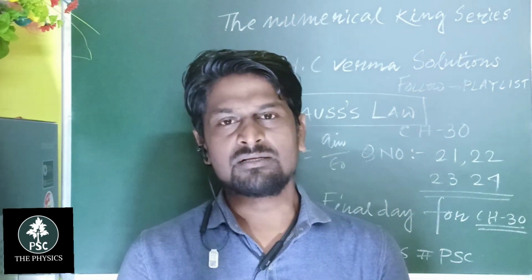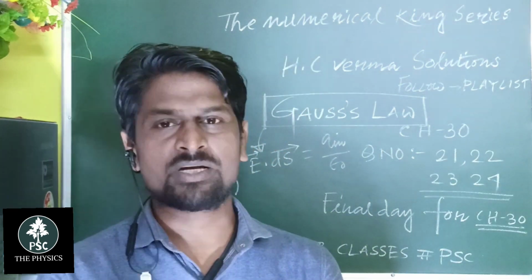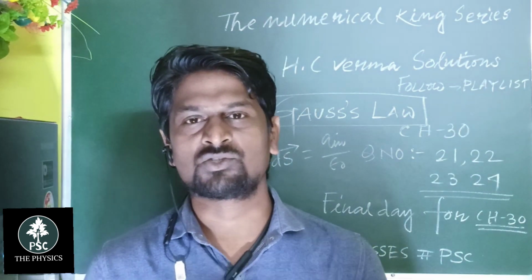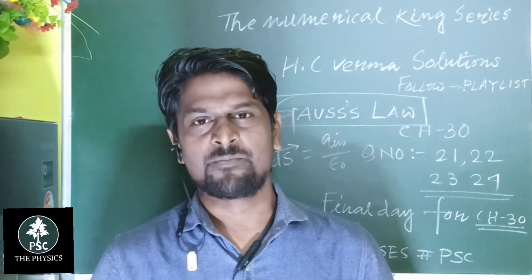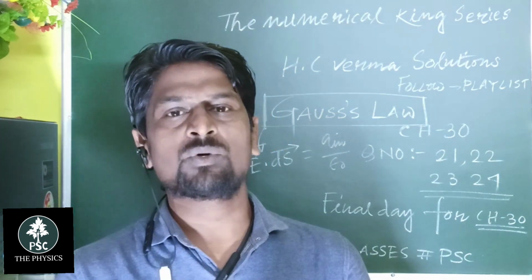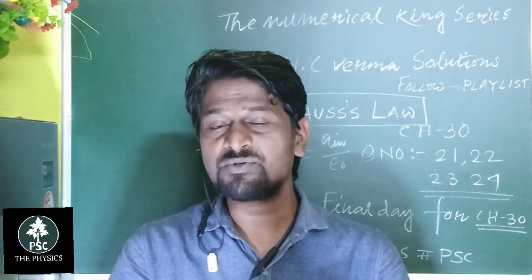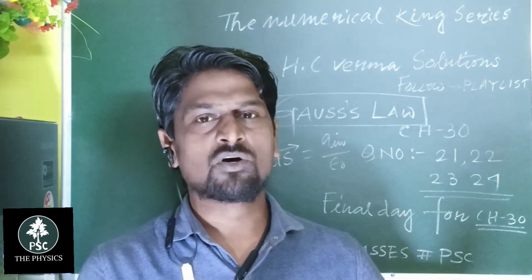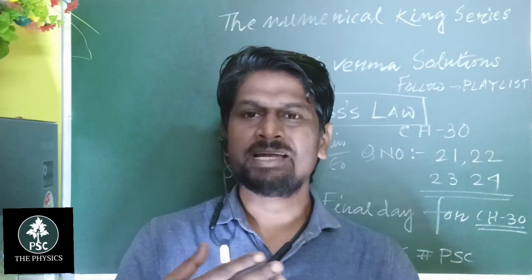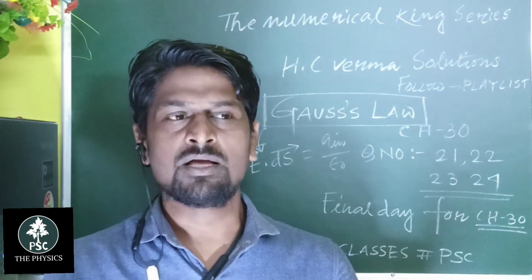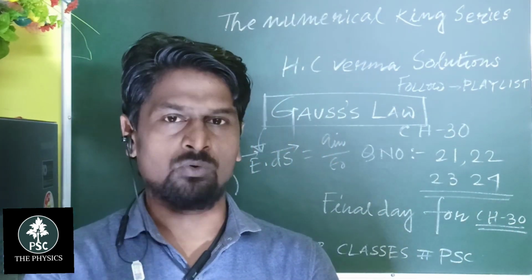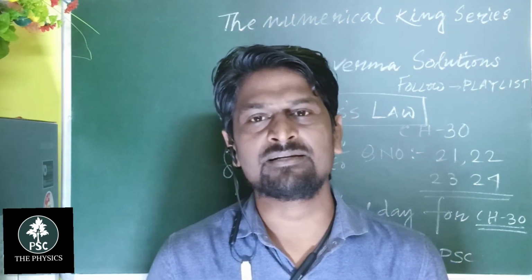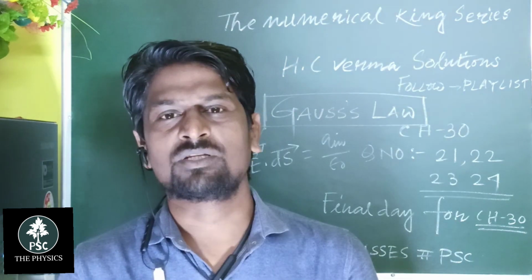So all the numericals of Gauss's theorem from 1 to 24 are completed, and you can go to the playlist and see all the related concepts. Not only do I solve the numericals, but I also relate the concepts with them. So don't go for further details, and just start with 21.